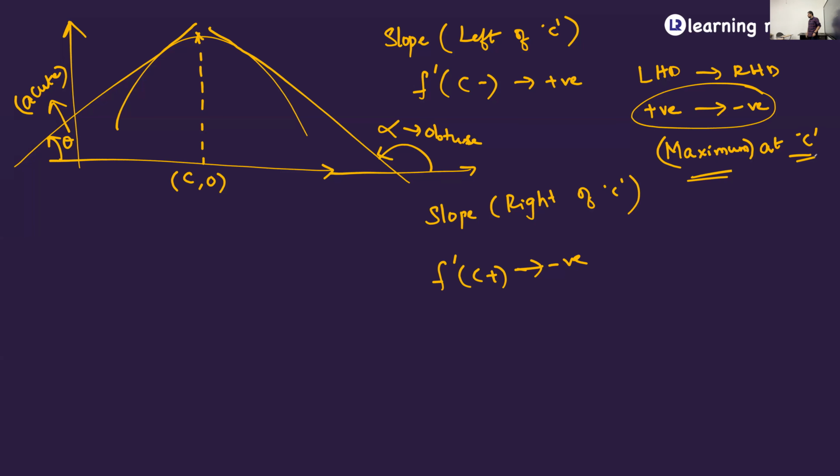Are you able to understand this? Similarly, observe the case of this kind of function, let's say this point is (c, 0) again.